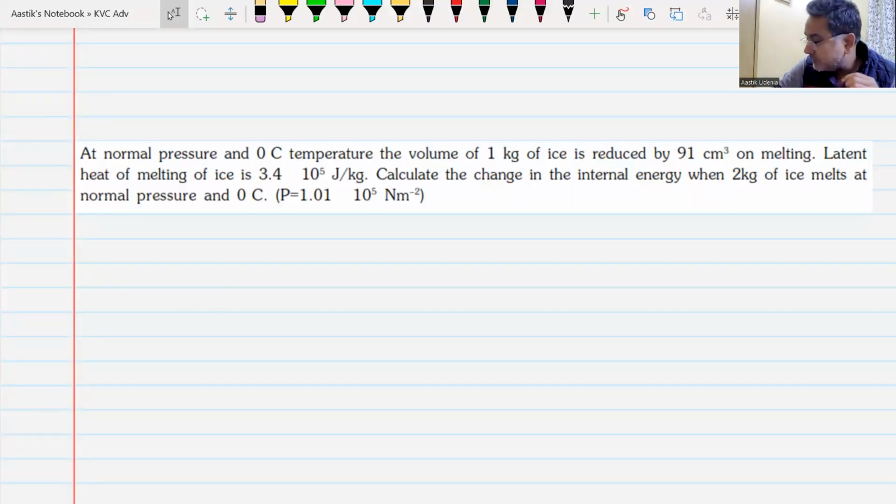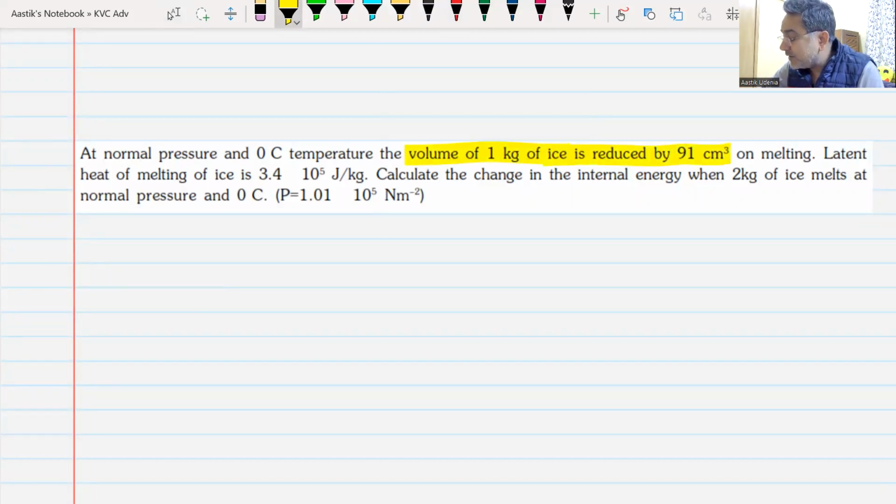So this is the question at normal pressure. Normal pressure means 1 atmosphere. At normal pressure and 0 degrees Celsius, the volume of 1 kg of ice is reduced by 91 centimeter cube on melting. Latent heat of fusion of ice is 3.4 into 10 raised to the power 5 joule per kg. Calculate the change in internal energy.